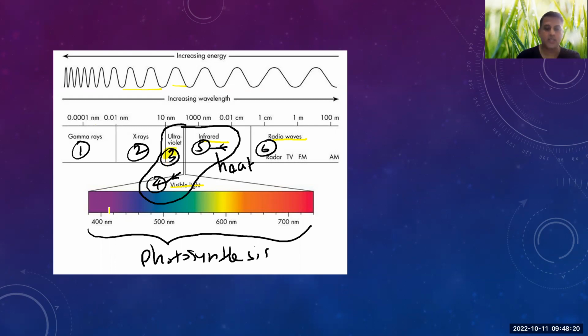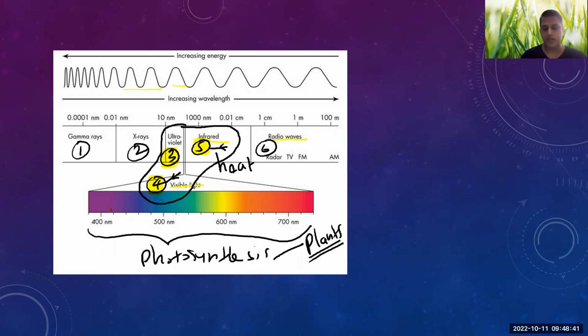UV light has energy, visible light has energy, and infrared light has energy. So plants are specialized to take the visible light.